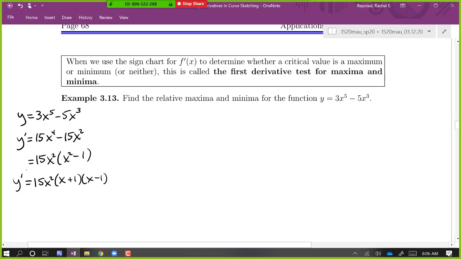The sign chart only does its job when I can make a row for each factor, not a row for each term. So it's really important that I've got it written as a product of its factors. So we have our first derivative. Next, we find those critical values. Critical values are where the derivative is 0. Where do we get a 0 derivative?